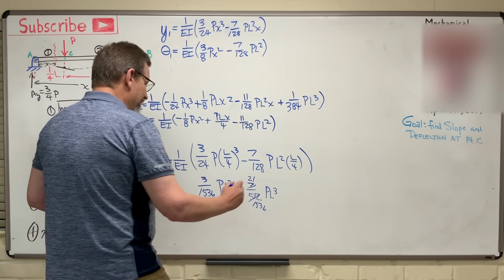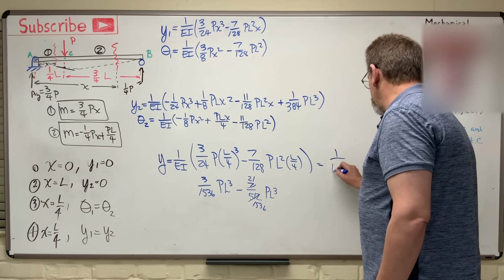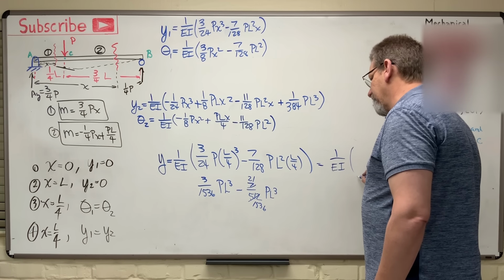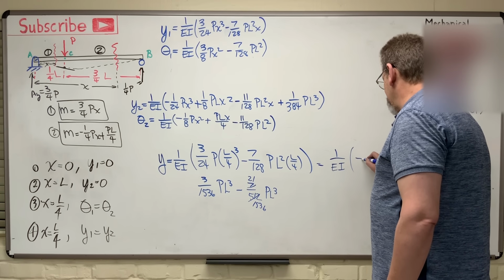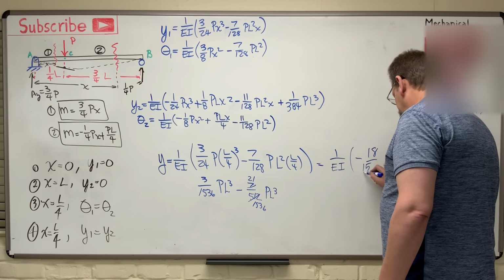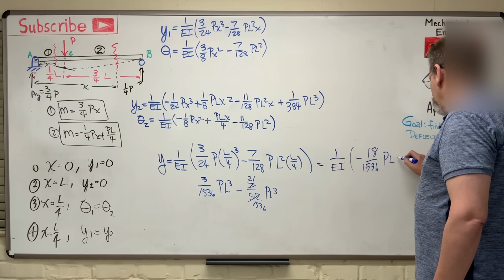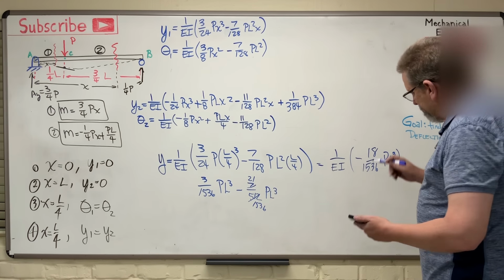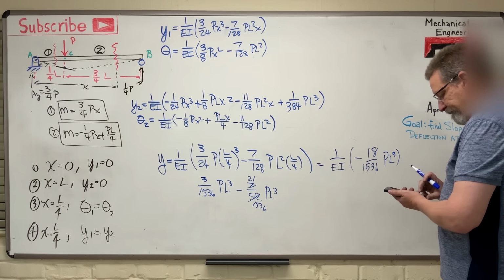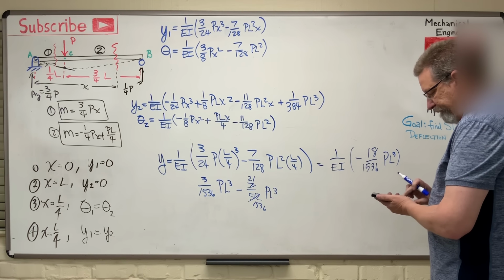So y is equal to 1 over E times I times minus 18 over 1536 PL cubed. And we could probably simplify that, right? 1536 divided by 18 is asking for too much, isn't it?